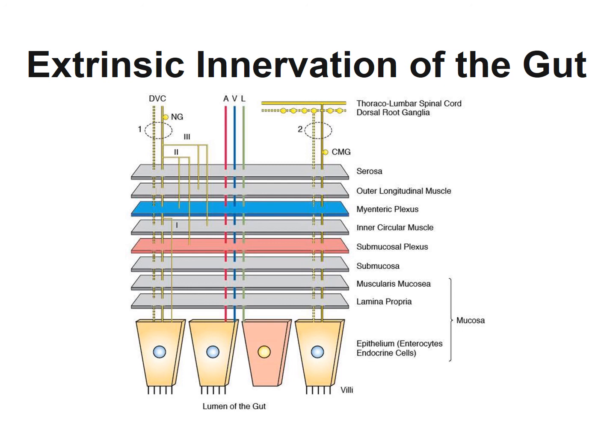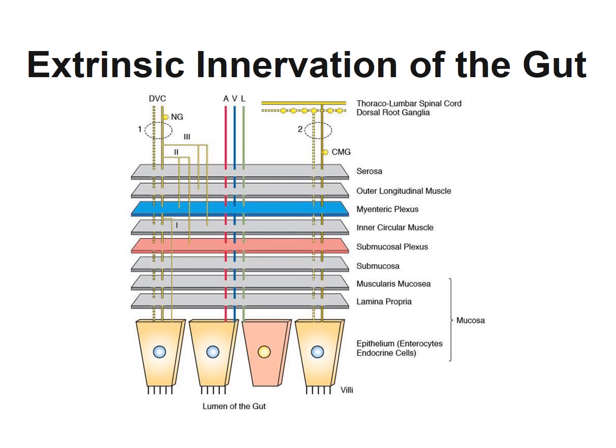We have the mucosa, which consists of 3 different layers: epithelium, lamina propria, and muscularis mucosae. Then we have a submucosa. Then we have 2 muscle layers, outer longitudinal and inner circular. And finally, we have a serosa.